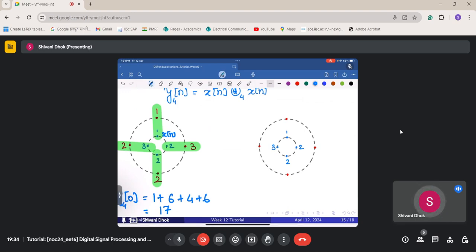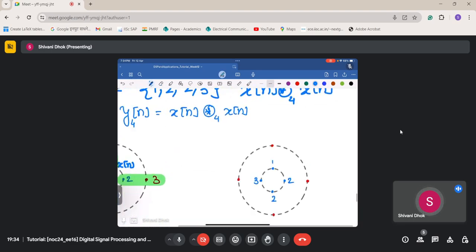Generally in linear convolution, I'll shift it rightwards. The generalized formula for this quantity is the summation over k, from 0 to n minus 1, or 4 minus 1 here, of x of k times x of n minus k.